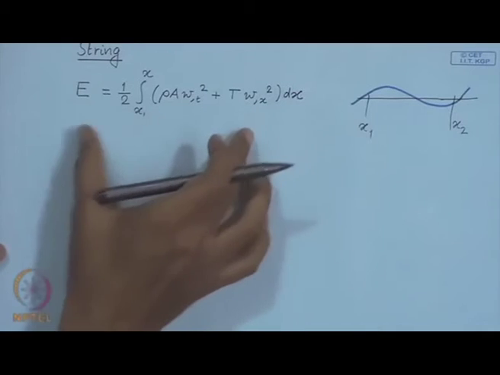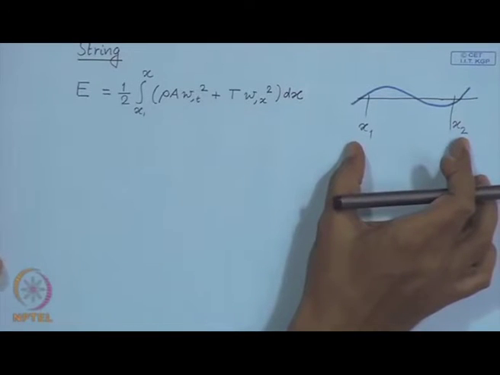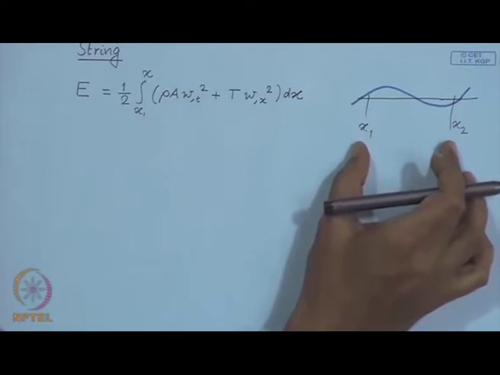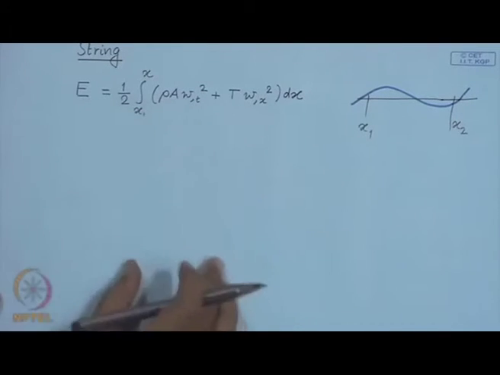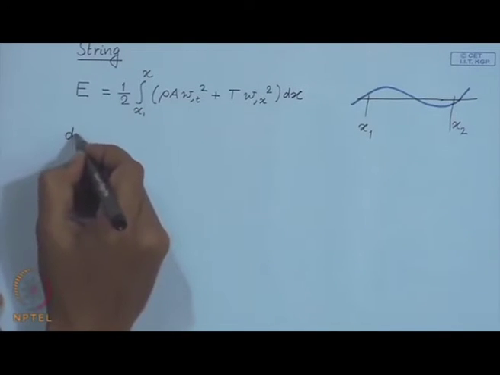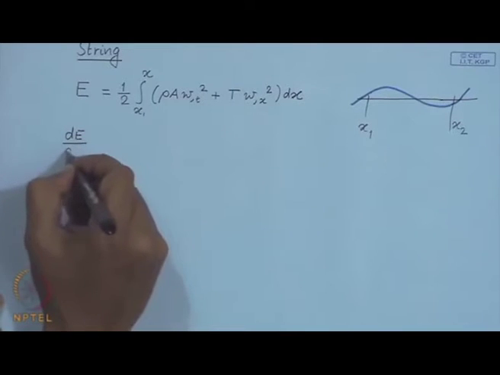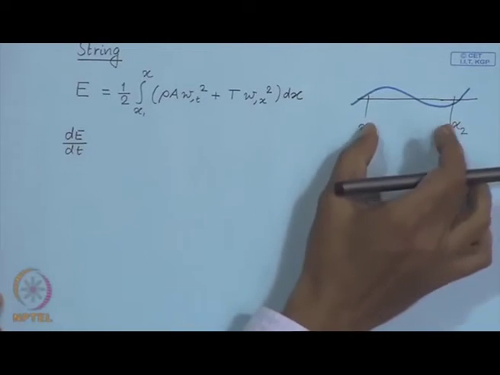So, the total mechanical energy in this portion of the string is given by this E. Now, let us try to calculate the rate of change of energy of this portion of the string.